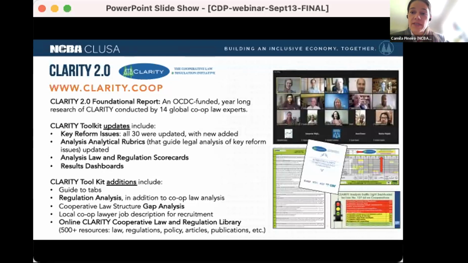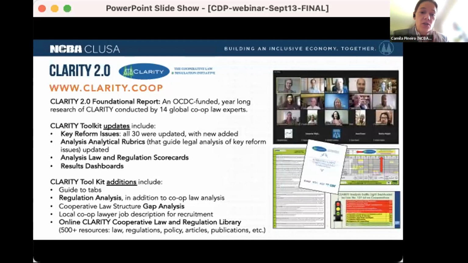And this research is the foundation for the changes that we made to Clarity. You can see some of the updates there. Pretty much all the key reform issues and analytical rubrics were updated, considering that Clarity was developed 15 years ago by OCDC, and CLUSA is a founding member of OCDC.